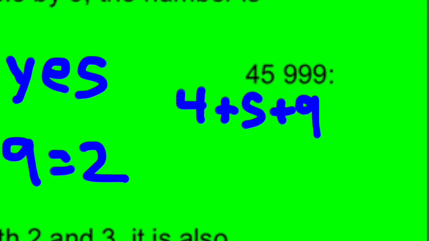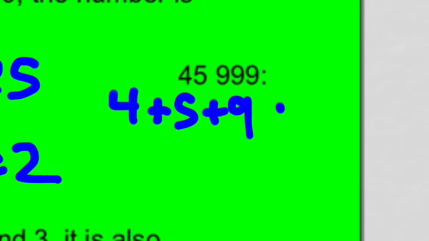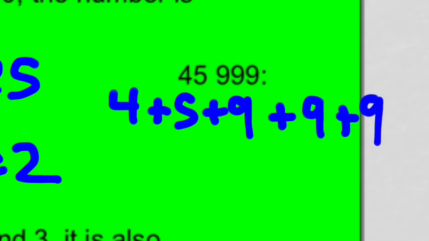Last example, 45,999. Add up those digits. 4 plus 5 plus 9 plus 9 plus 9. Well, we've got 4 plus 5 is 9. So we've got 4 groups of 9. I know 4 groups of 9 is 36.